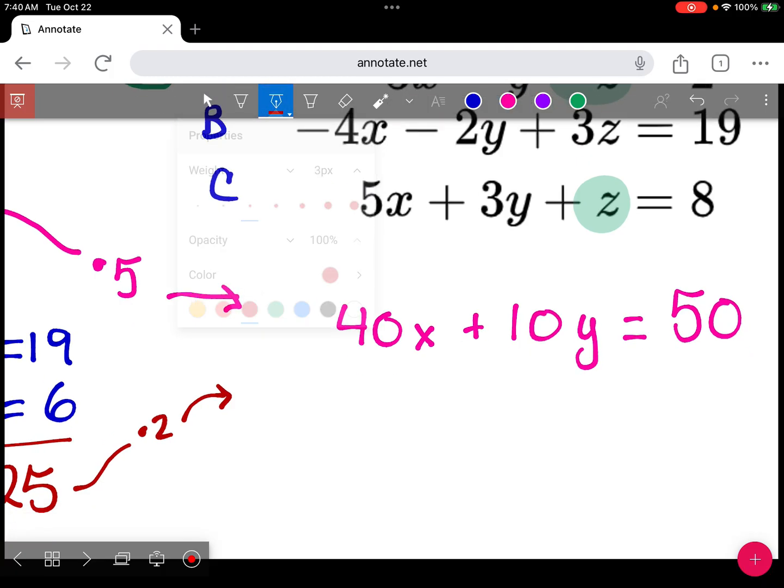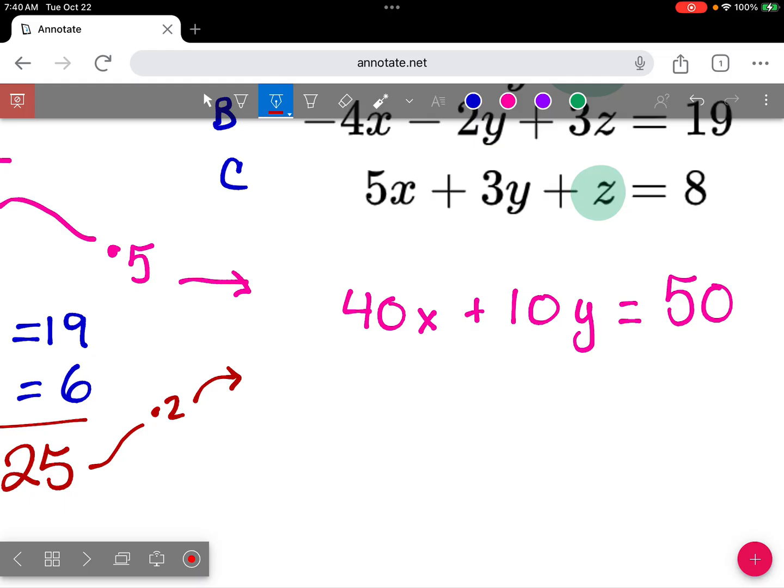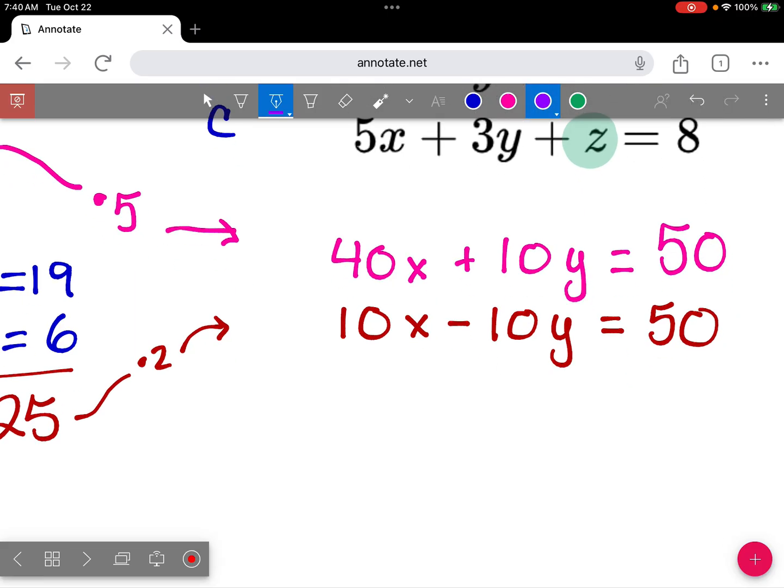Then taking the red one multiplied by 2, I'm going to have 10x minus 10y equals 25 times 2 gives me 50. So we got some big numbers here, but they're not hard to work with.